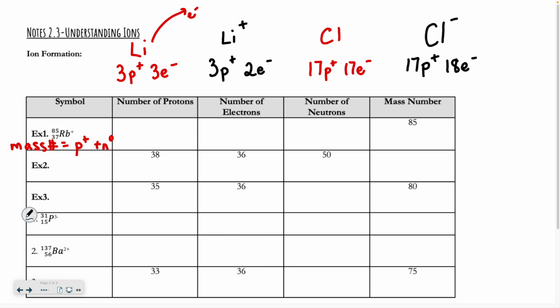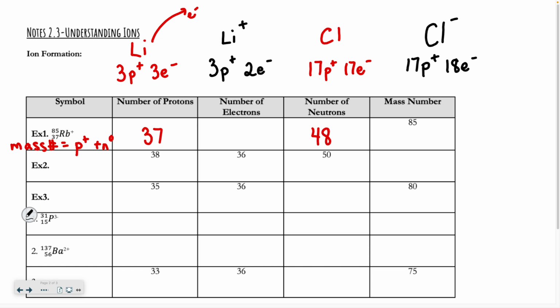The number on bottom, that 37, is my number of protons. That is my atomic number. So I have 37 protons here. To find neutrons, I need to take the mass number, 85, and subtract 37 from it. That will give me my neutrons because protons plus neutrons gives me my mass number. So when I do the subtraction, I get 48. So I have 48 neutrons.